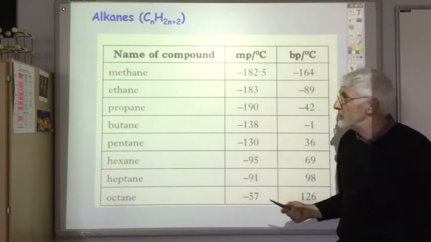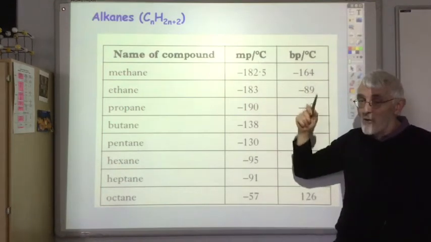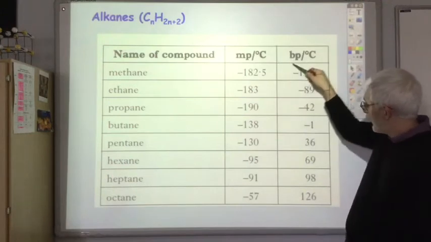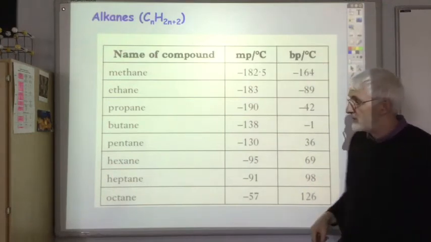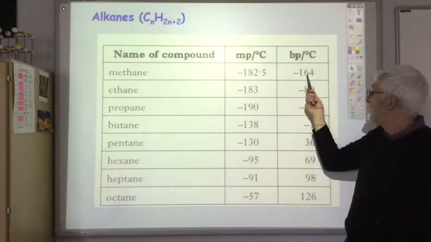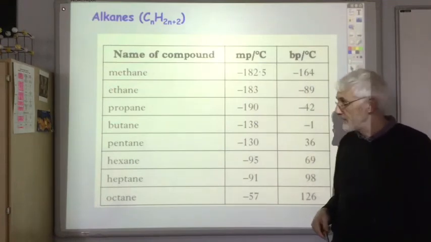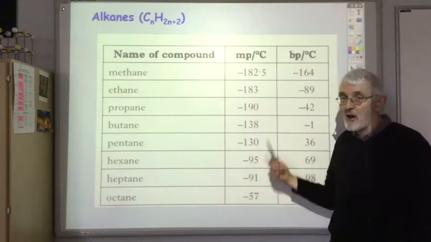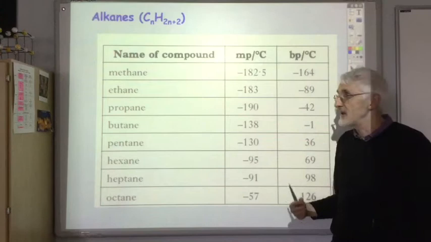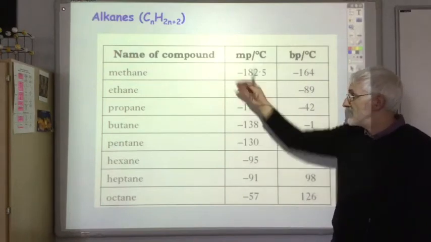While we're here, it's worth noting that in all homologous series, melting points and boiling points increase from the small molecules to the big molecules. So like methane boils at -164, octane at 126. So within a homologous series, bigger molecules always have higher melting and boiling points than the small molecules.